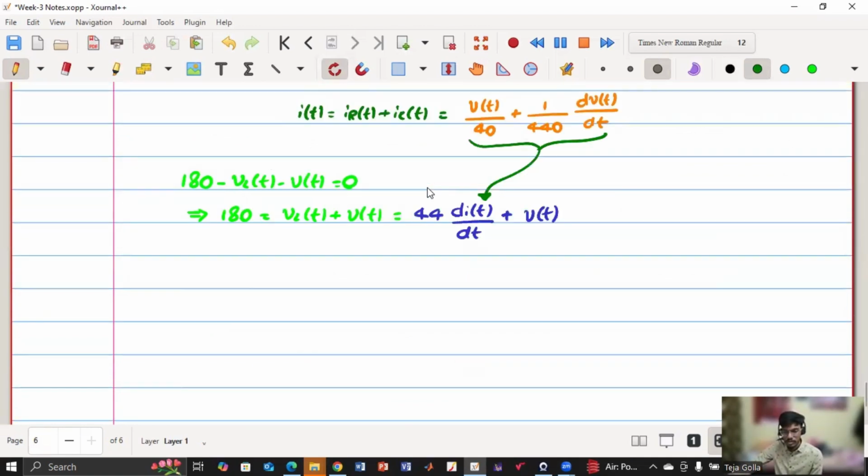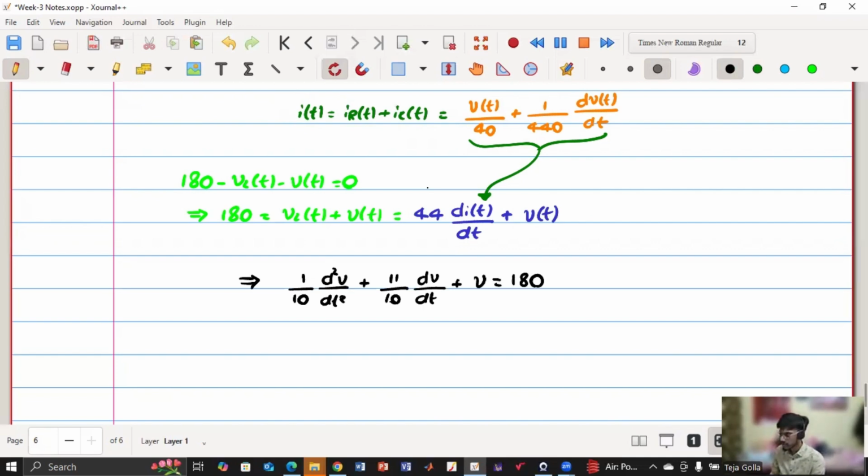So I'll write the simplified expression, you check whether it is correct: 1 by 10 into d square v by dt square plus 11 by 10 into dv by dt plus v equals 180.